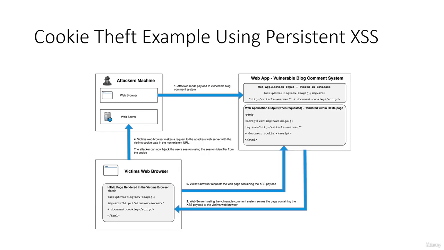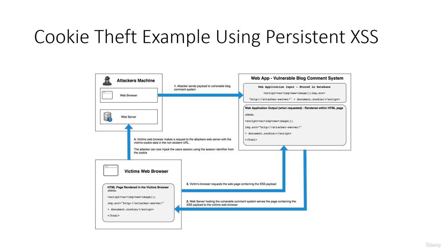First, the attacker sends the XSS payload to the victim, which is the HTML script. Then the victim requests the page from the server. Either the attacker tricked the victim into visiting the page, or the XSS payload is on a popular page.